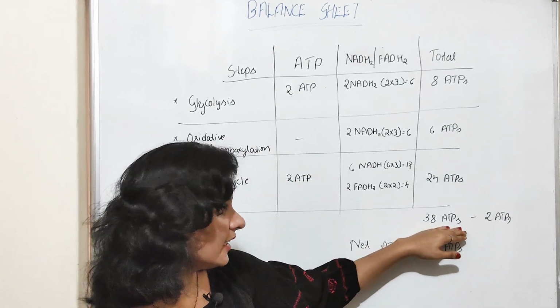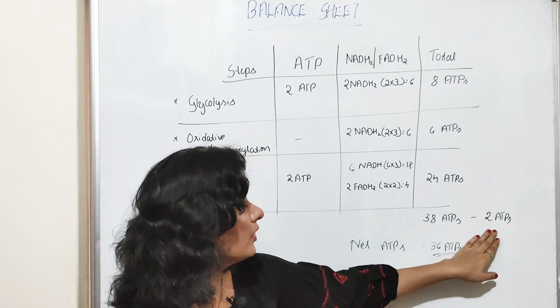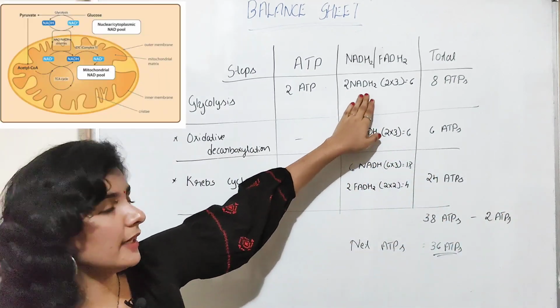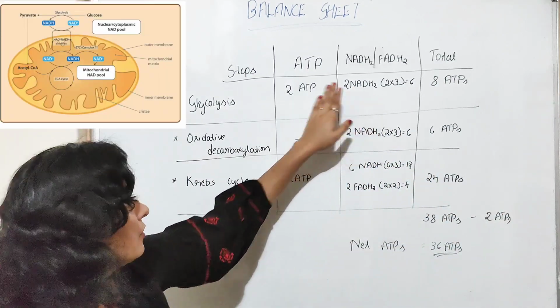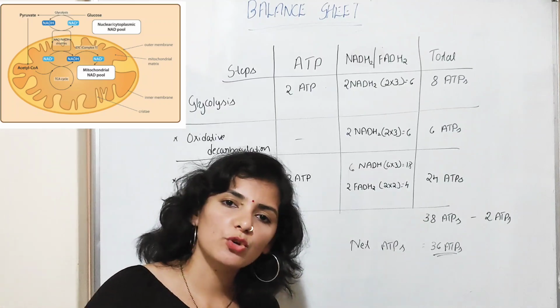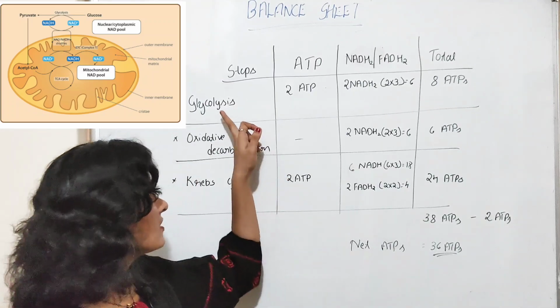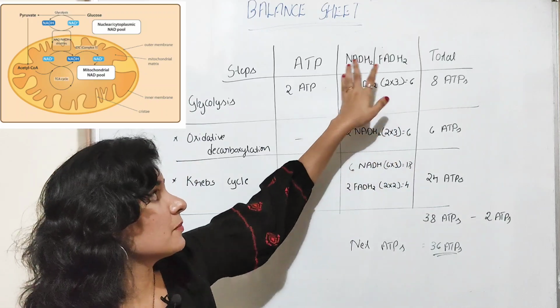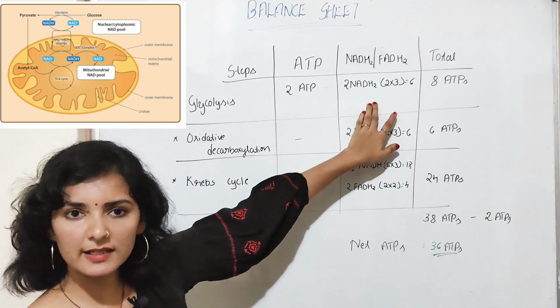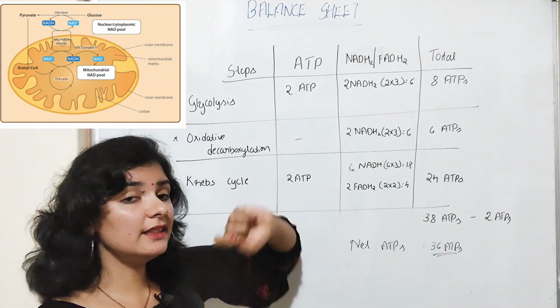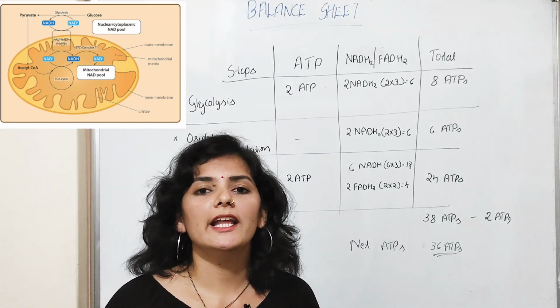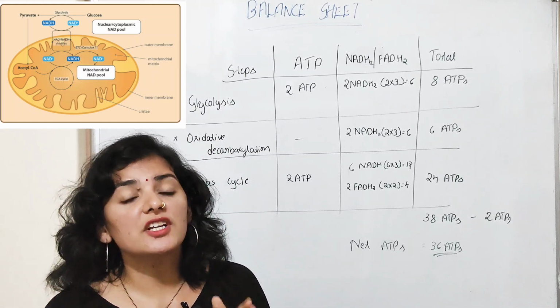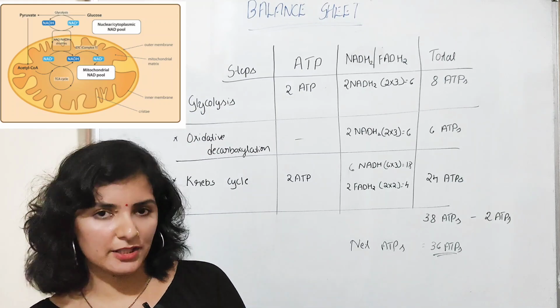Out of these 38 ATPs, 2 ATPs are utilized for transporting 2 NADH molecules, which are produced during glycolysis, from the cytoplasm to the mitochondria. Because glycolysis takes place in the cytoplasm, and the NADH produced during glycolysis will be present in the cytoplasm. But this NADH needs to undergo the electron transport system, which takes place in the mitochondria.